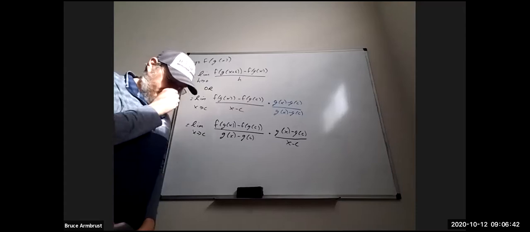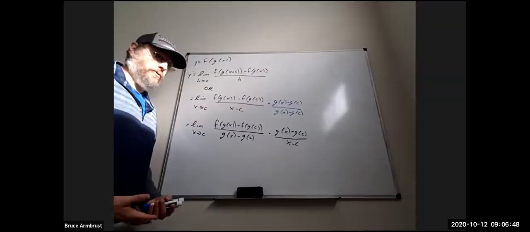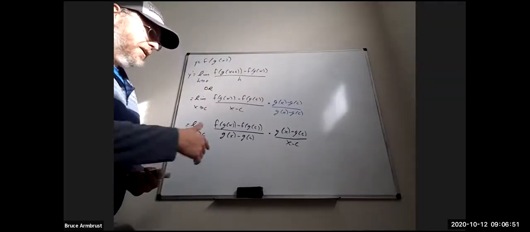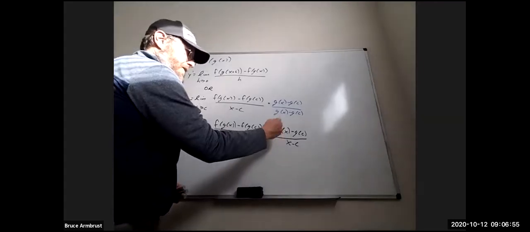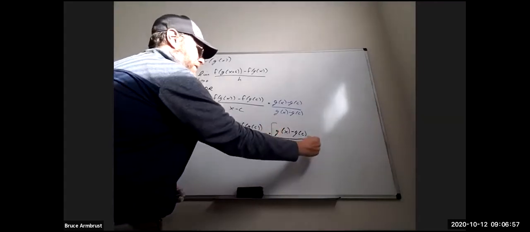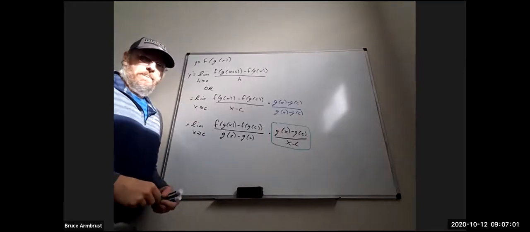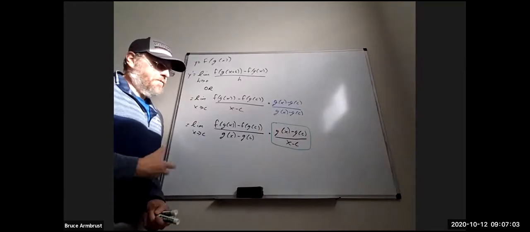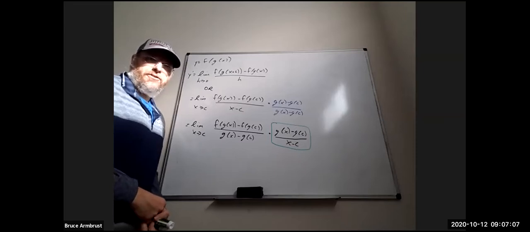All right, so what? Big deal. What does this do for us? Well, take a look at the second set here, this piece over here. Hopefully you notice that that's just the derivative of g.